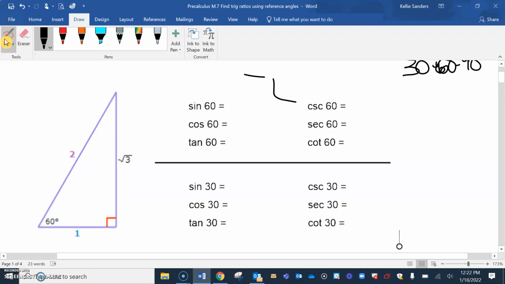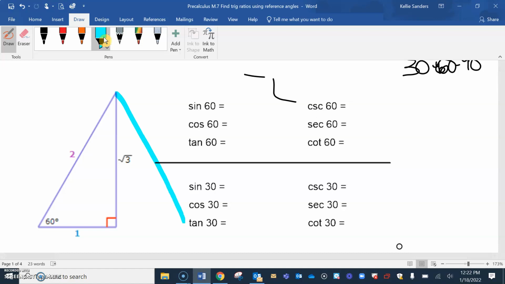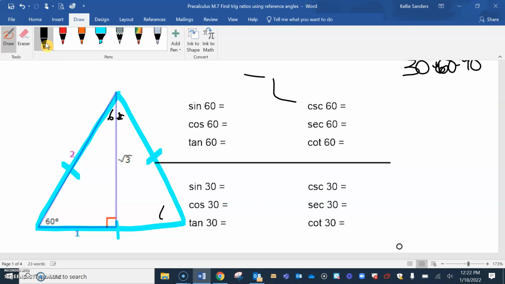And to go in deeper on it, let's pretend that we had this equilateral triangle. And so if it's equilateral, it is also equiangular. If it's equiangular, then all of the angles are 60 degrees.